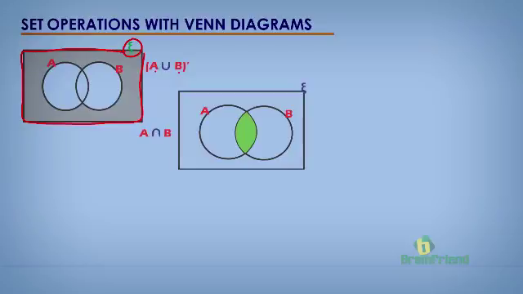The set A is drawn as a circle all within our rectangle, while our set B here is also drawn as a circle also within our rectangle, which is our universal set. A union B is the union of A and B, that is the elements present in A or in B. But that is not what we seek in our operation. We are seeking the complement of A union B.